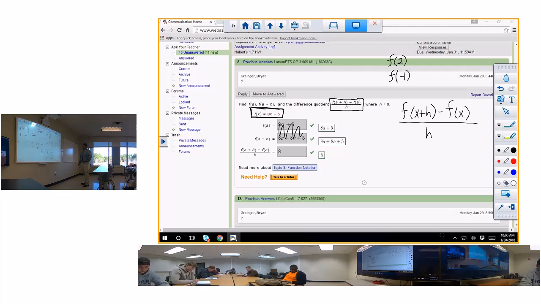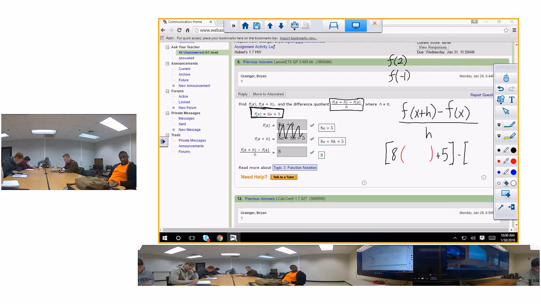So what I'm going to do is rewrite this function. I'm going to put a big set of parentheses, 8, and I'm going to put a red set of parentheses where there's an x, plus 5, and I'm going to put brackets around that, minus, what is f of x?